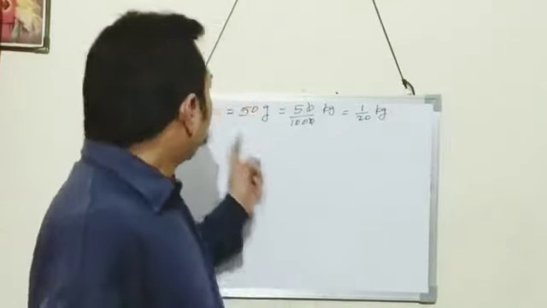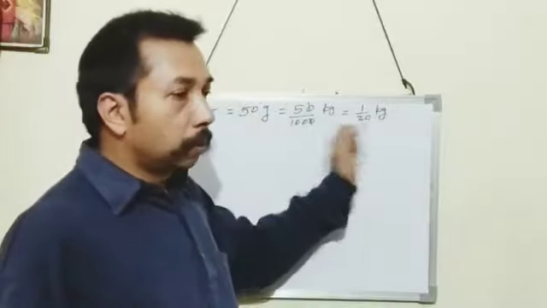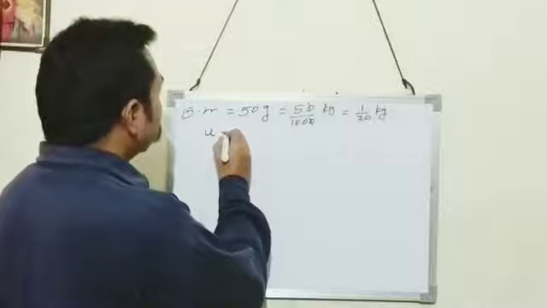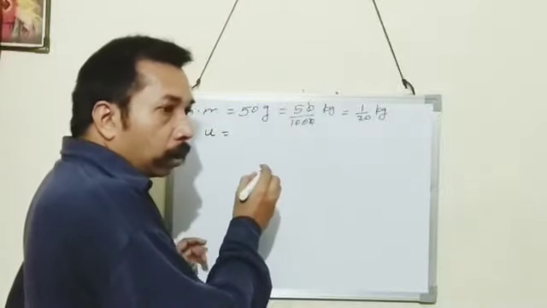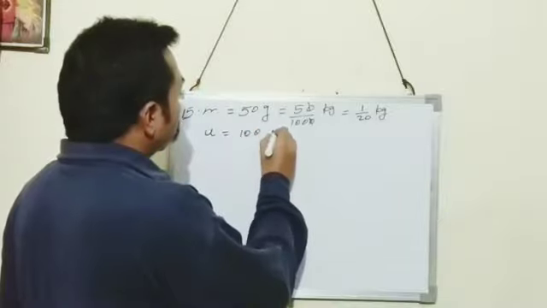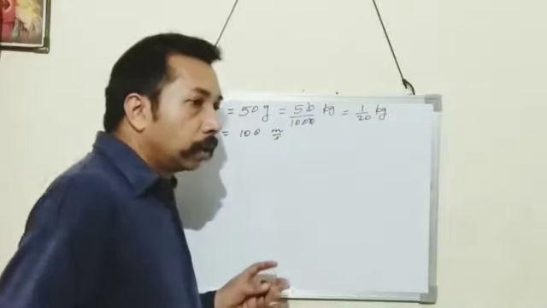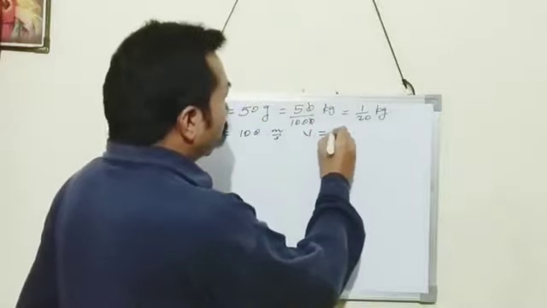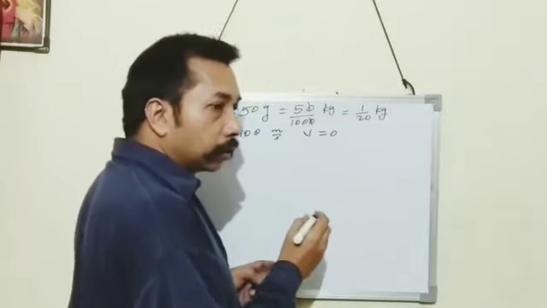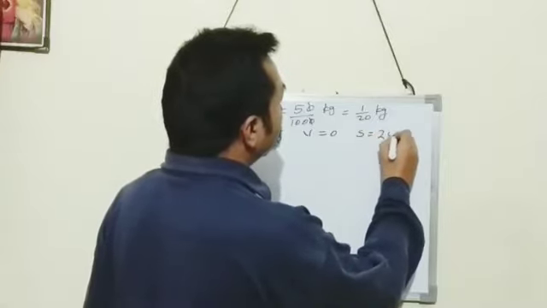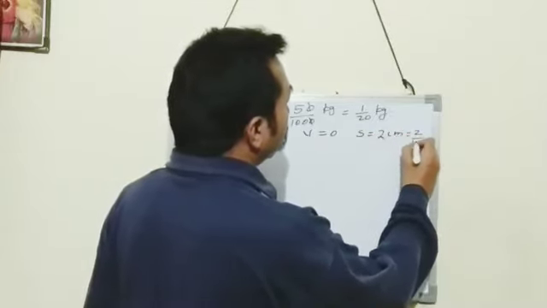So bullet of mass 50 gram, which is equal to 1 by 20 kg, is moving with an initial velocity of 100 meter per second, and comes to rest. Final velocity is 0. Then it penetrates a distance of 2 centimeter. Distance penetrated is 2 centimeter, which is 2 by 100 meter.